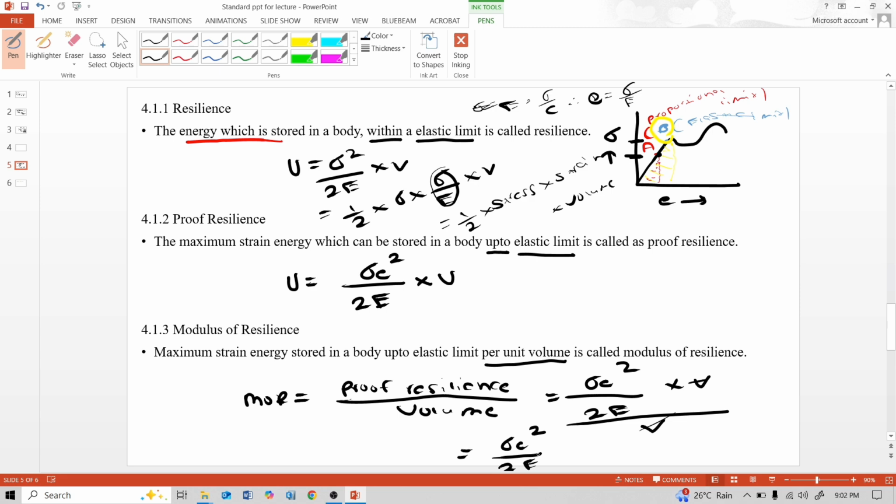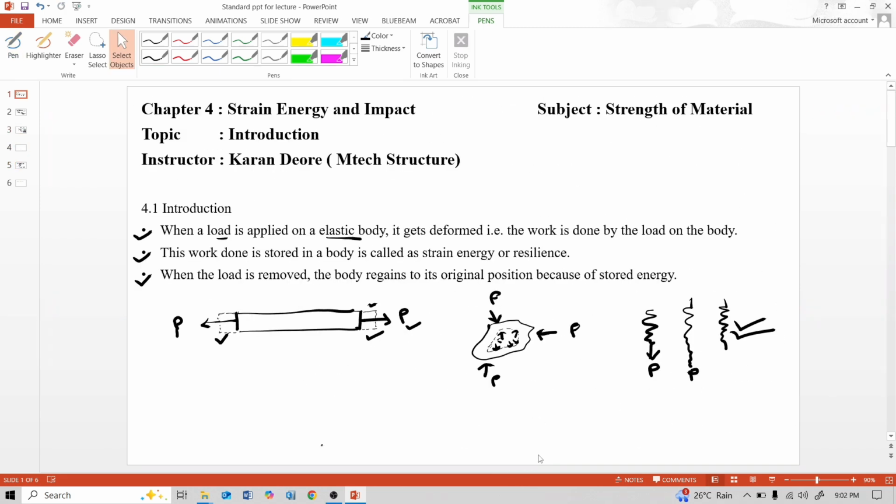So this is the introduction of this chapter, strain energy and impact. First we saw the introduction, in which we saw strain energy. When a load is applied on a body, it gets deformed. That means work is done on the body by the load. The work stored in a body is called strain energy.